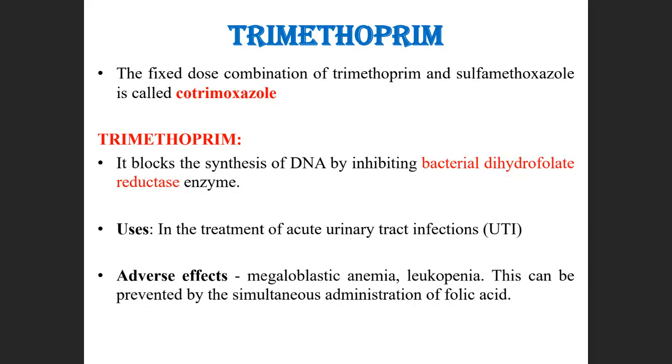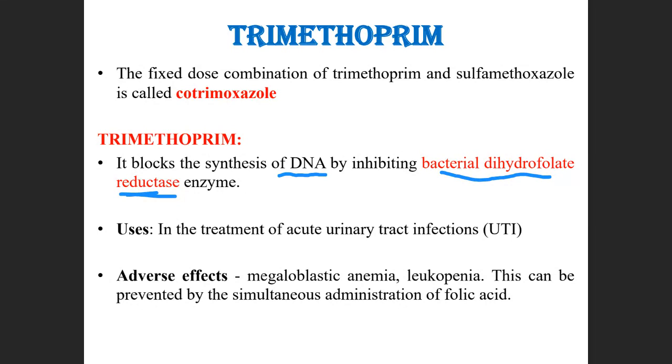Trimethoprim is basically a drug that blocks DNA synthesis by inhibiting the bacterial dihydrofolate reductase enzyme, and that is inhibiting the formation of DNA. It is a bacteriostatic type of drug, similar to sulfonamide.